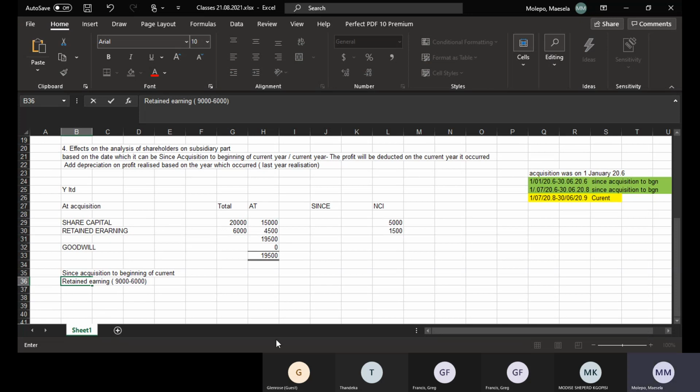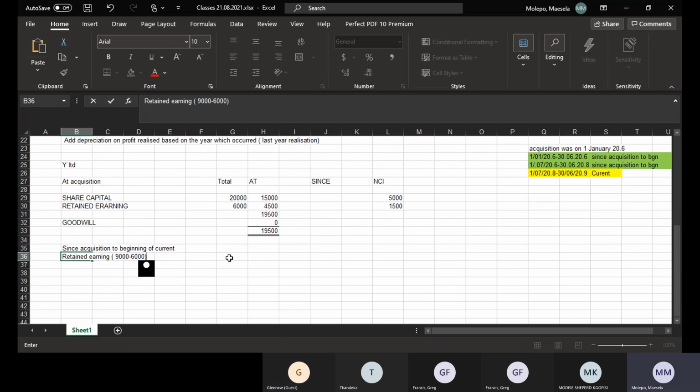Then here we're going to have a total of 3,000.